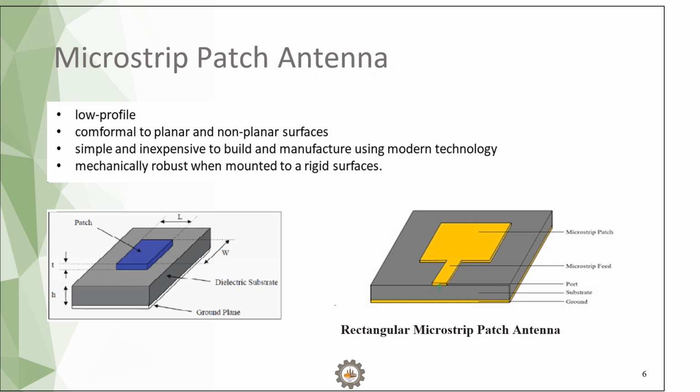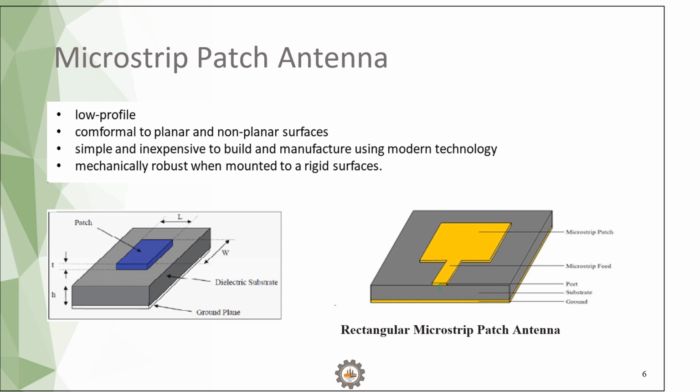Microstrip patch antennas are low profile and conformal to planar and non-planar surfaces. They are simple and inexpensive to manufacture using modern technology. These are mechanically robust and can be mounted to rigid surfaces. In this image, we can observe the rectangular microstrip patch antenna.